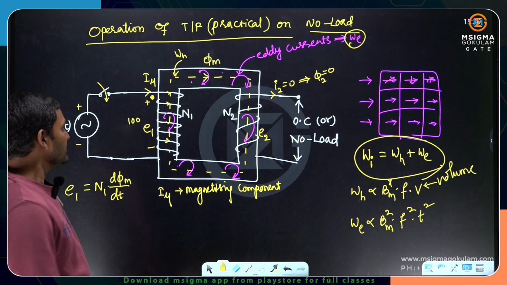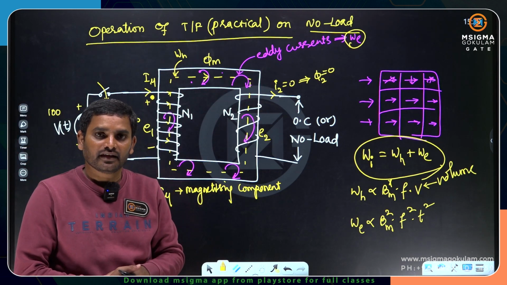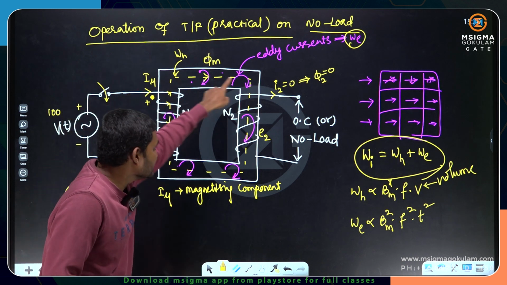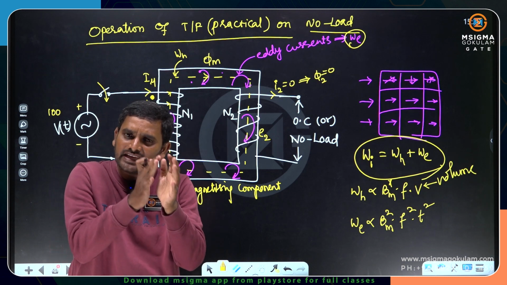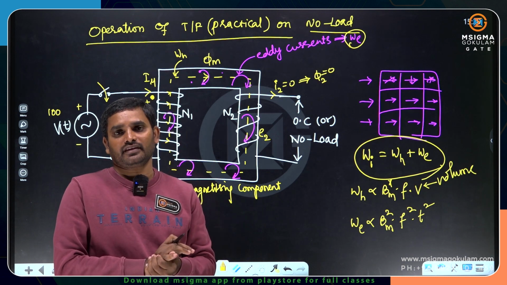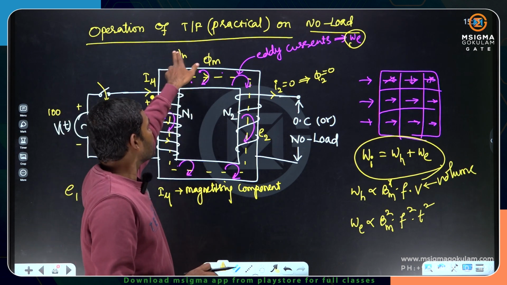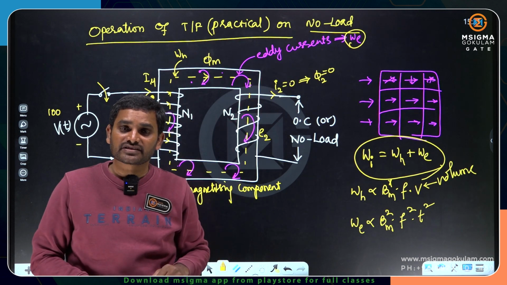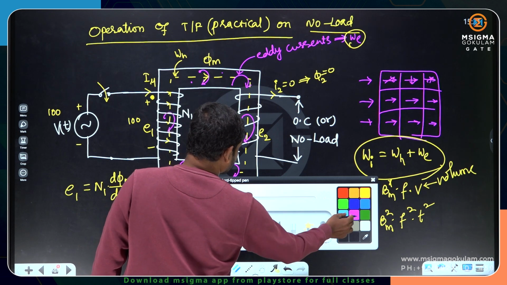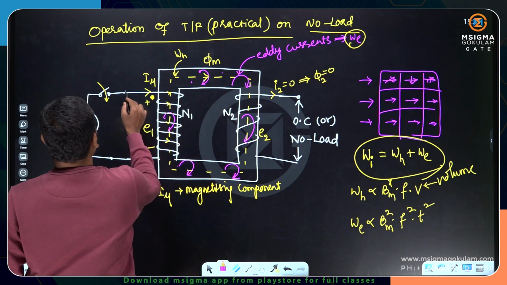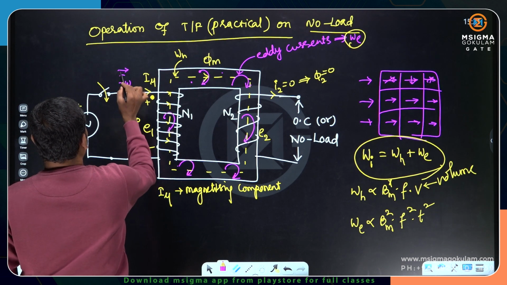Now here hysteresis loss is happening, eddy current loss is happening. One current is creating the flux lines. The purpose of the magnetizing component of current is only to create the flux lines. But the hysteresis loss component and eddy current loss component are going to be supplied by another current, the working component of current, which we also call the core loss component of current.